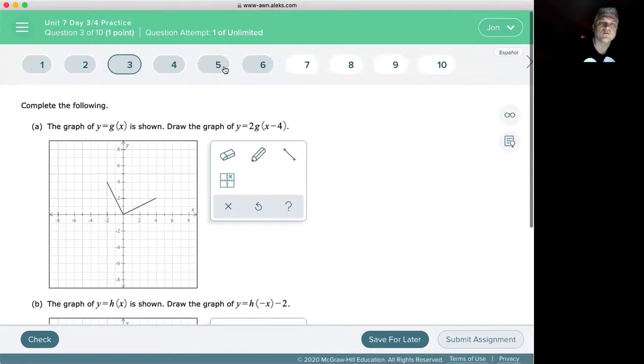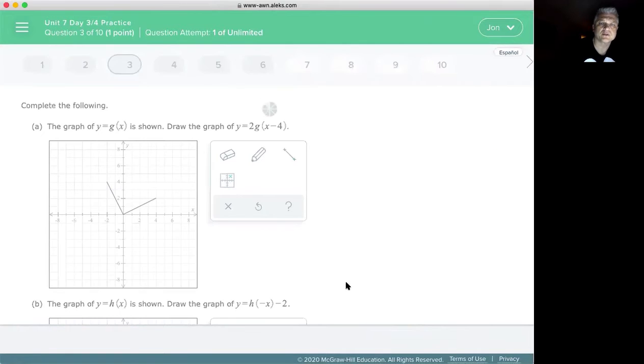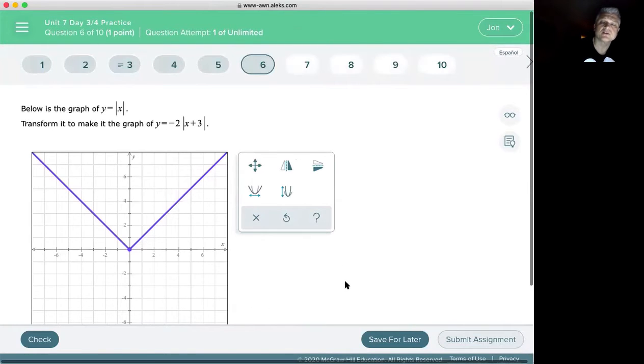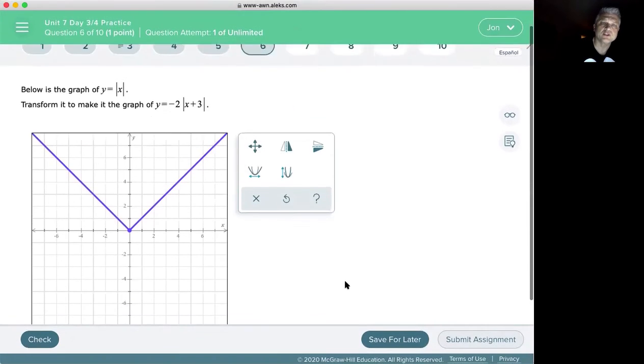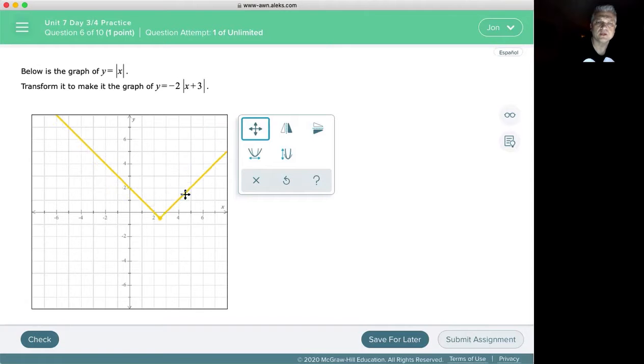Let's jump over to question 6 here. All right, so this one's a little bit more like what we just did. Okay, here, again, we're going with PEMDAS. We have these 5 tools. So this tool will move, it'll translate left, right, up, down.